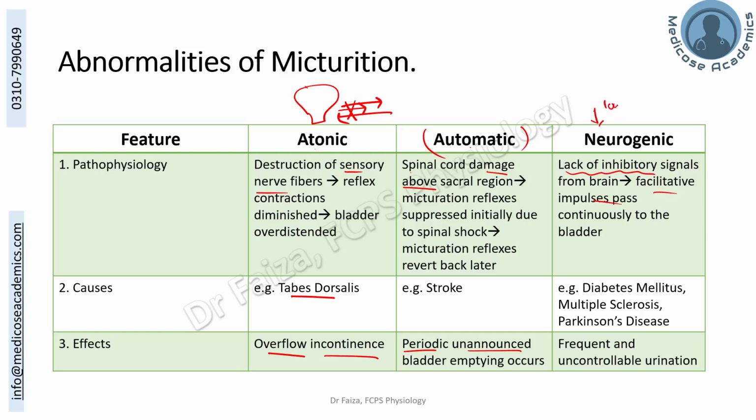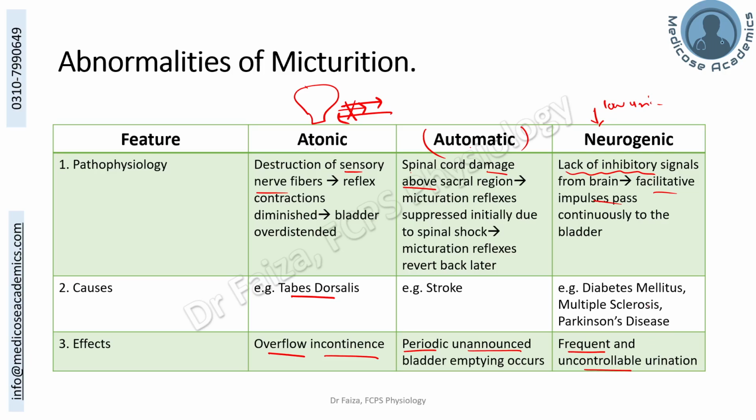At a much lower urine volume, the micturition reflex will be initiated. So the patient will present with frequent uncontrollable urination. The bladder and sacral segment of spinal cord are so facilitated that the patient cannot hold back the urination even if he wants to.